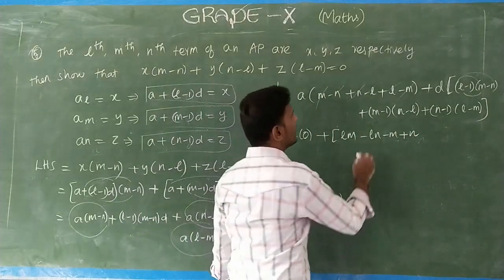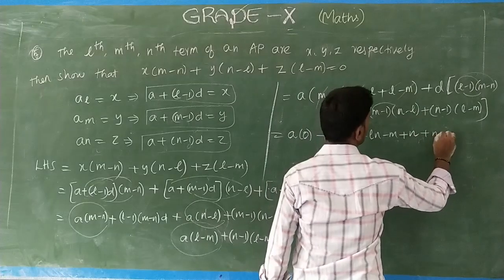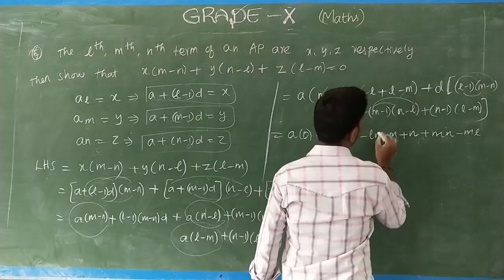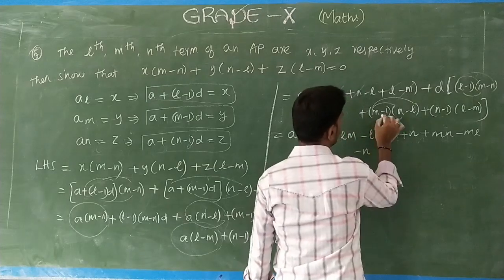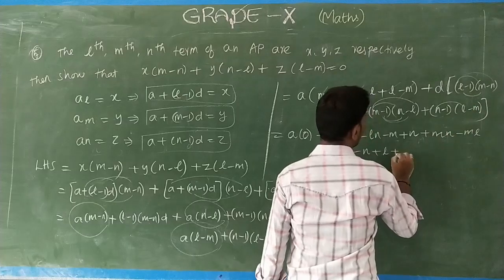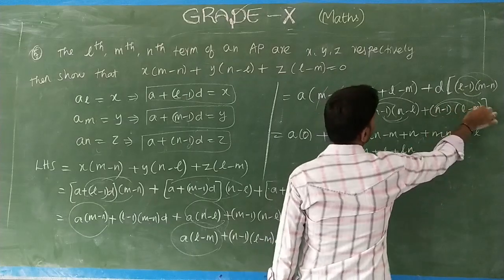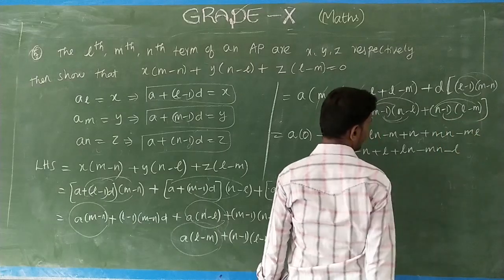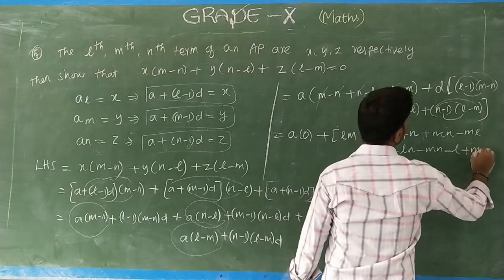Then m into n, plus mn, minus mn, then minus n, minus into minus plus n. Then n into l, n into m, minus mn, minus 1 into (l minus m), finally minus into minus plus l.